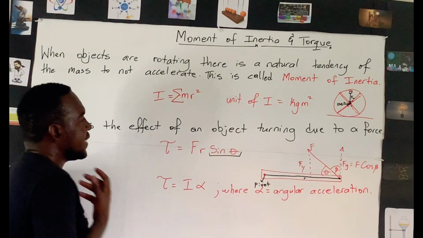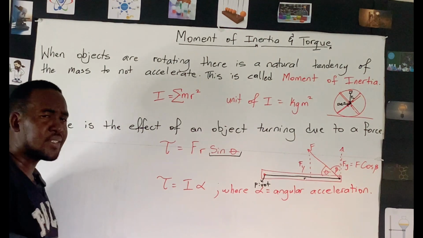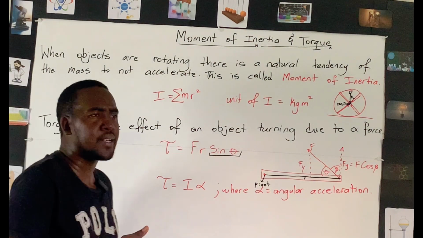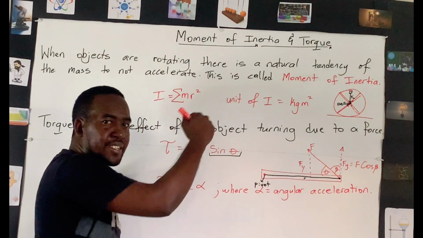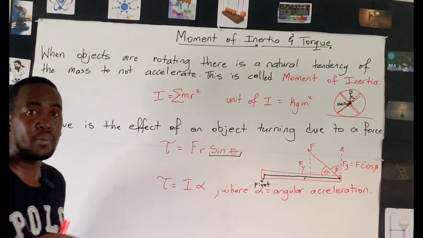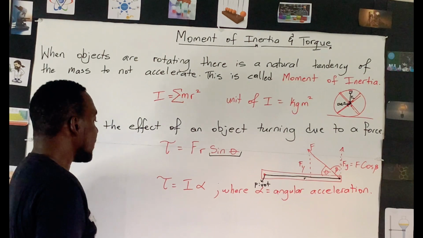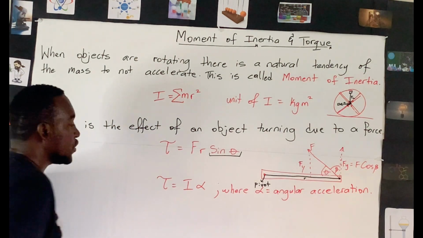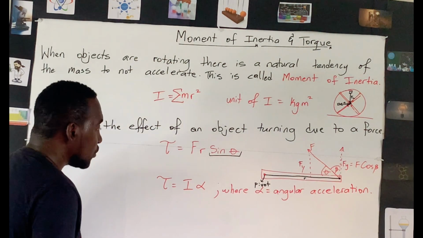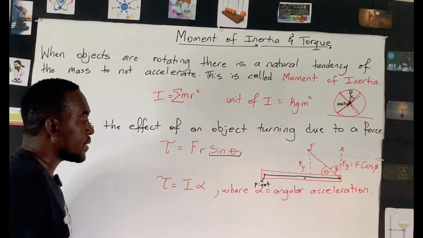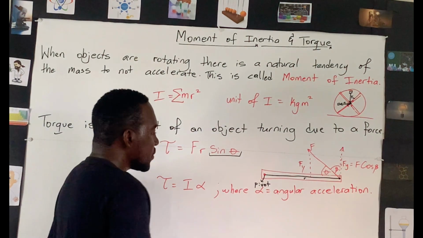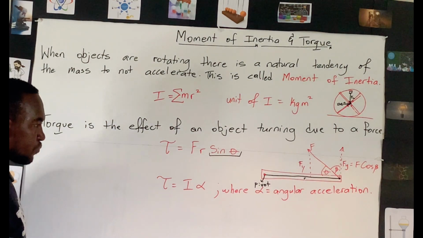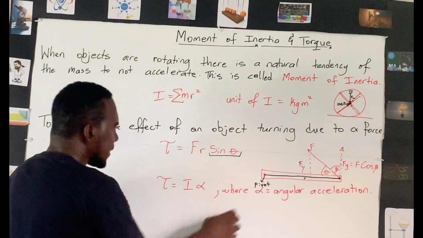Now, we can link torque, because objects rotating about an axis can be linked to resisting acceleration, which is moment of inertia. So if we link torque with moment of inertia, then it is multiplied by a constant of angular acceleration, which we use as the sigma sign here.